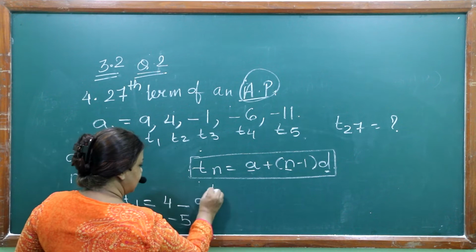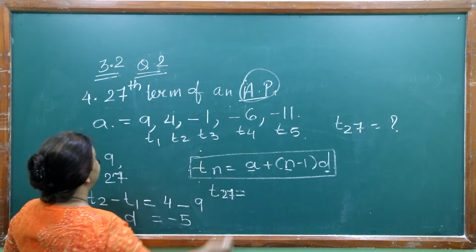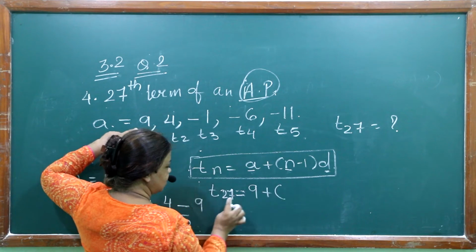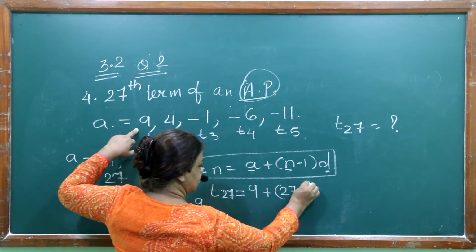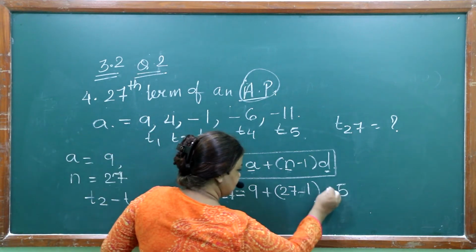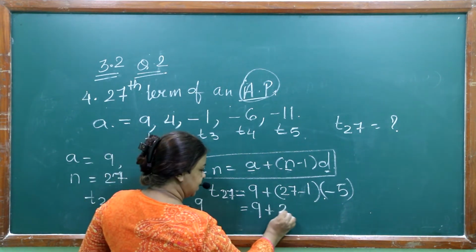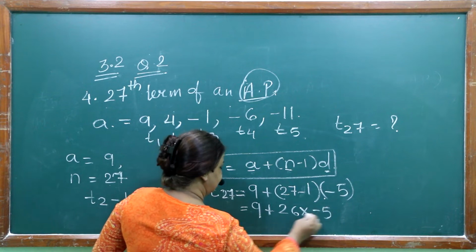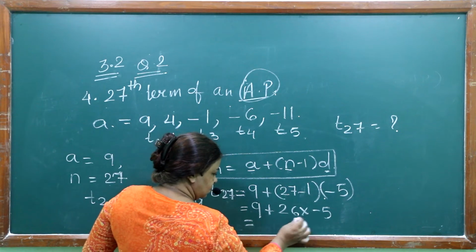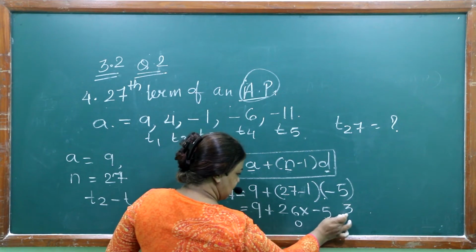So I got the D value as minus 5. Placing these values here, Tn, that is T27, is equal to A. What is A? 9 plus n is 27 minus 1 and D is minus 5. Multiply first: 9 plus 27 minus 1, 26 into minus 5. What do I get? Minus 5 into 6, 30, carry 3, 5 2s are 10, 10 plus 3, 13.